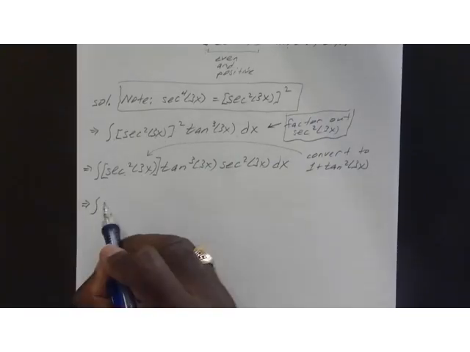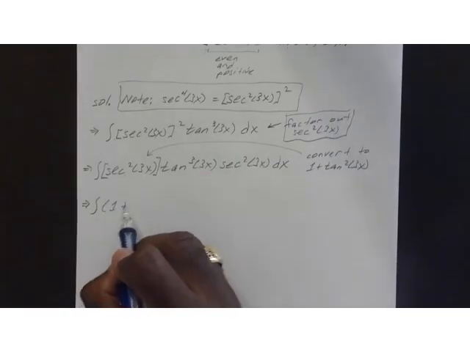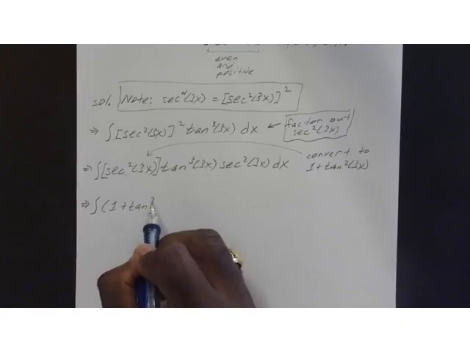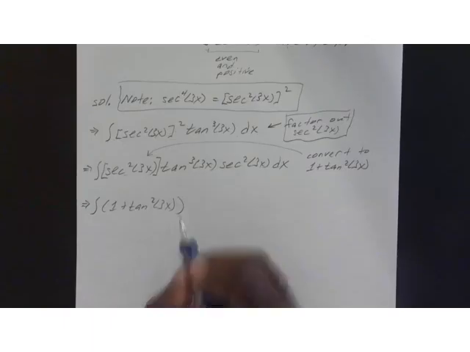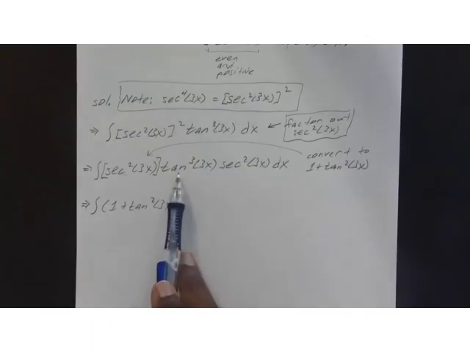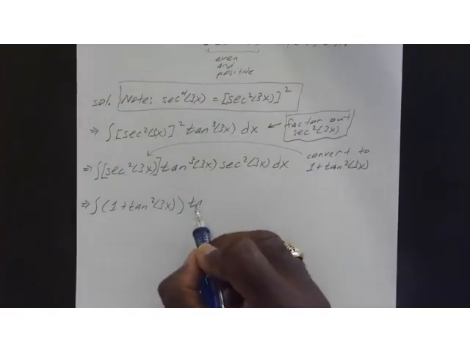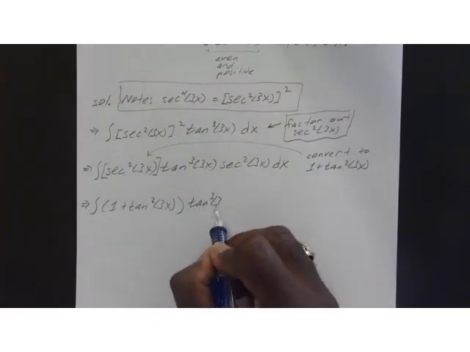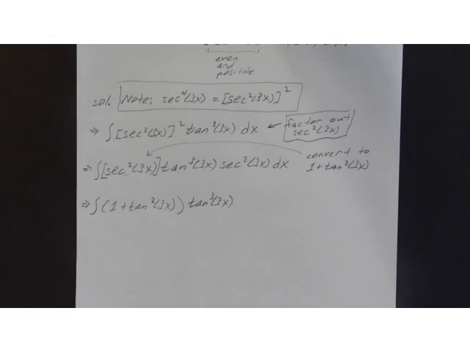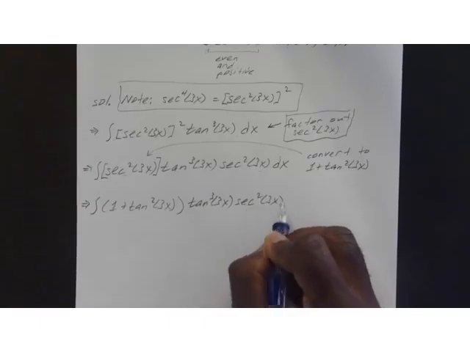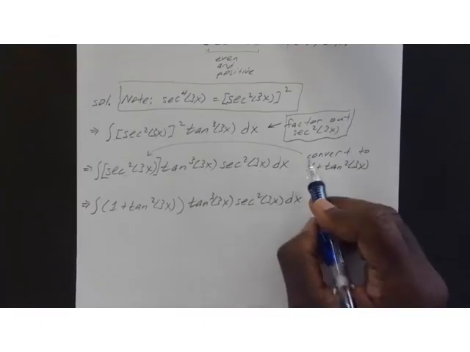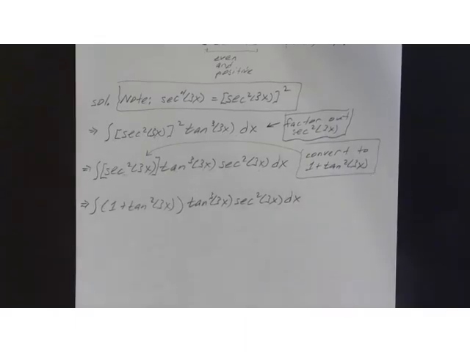So now that just becomes 1 plus tangent squared of 3x, times tangent to the third power of 3x, times secant squared of 3x with respect to x.